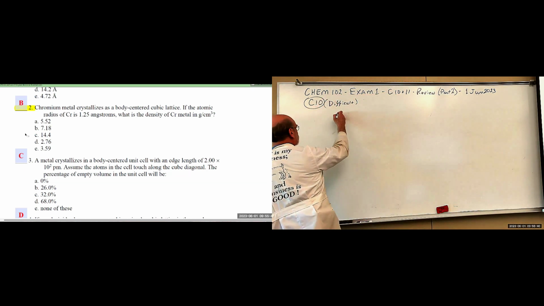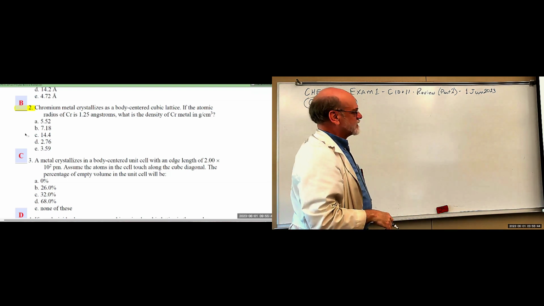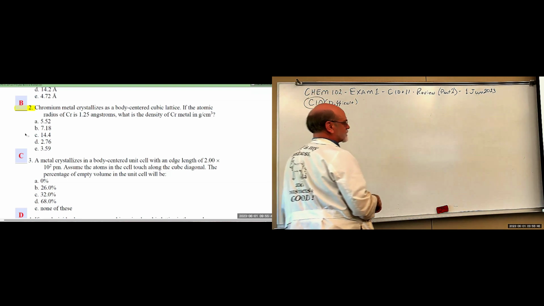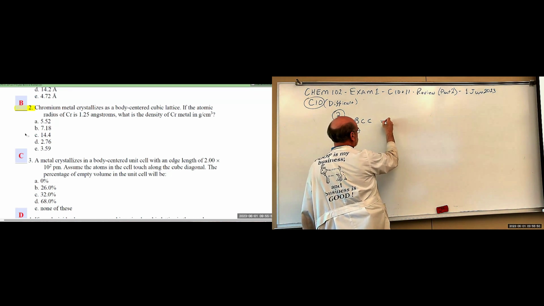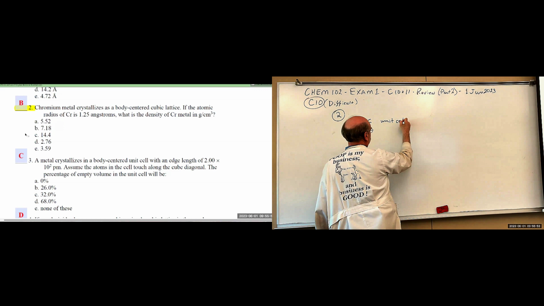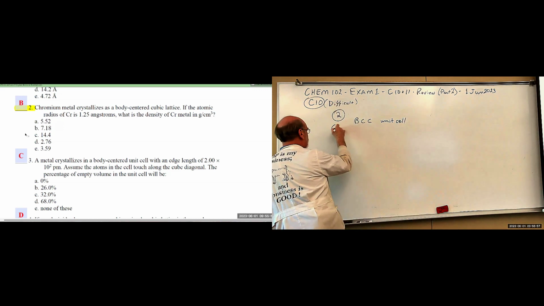Number 2. Chromium metal crystallizes as a body-centered cubic lattice. A body-centered cubic unit cell. All right, and we're talking about chromium.